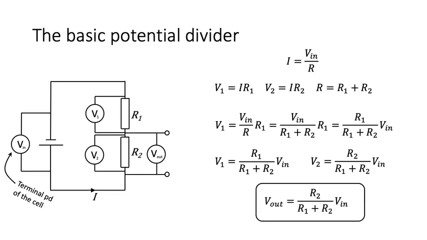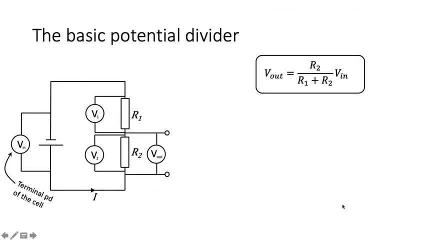And therefore, since V2 is V out, this is the equation that gives you the relationship between V out and V in. And it's a simple enough equation because it just says that the output voltage, the output potential difference, is the resistance of the resistor across which you're tapping divided by the total resistance, which makes you a percentage or a fraction of the input voltage.